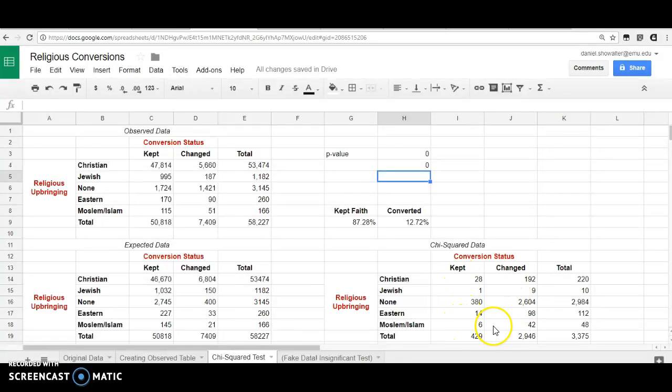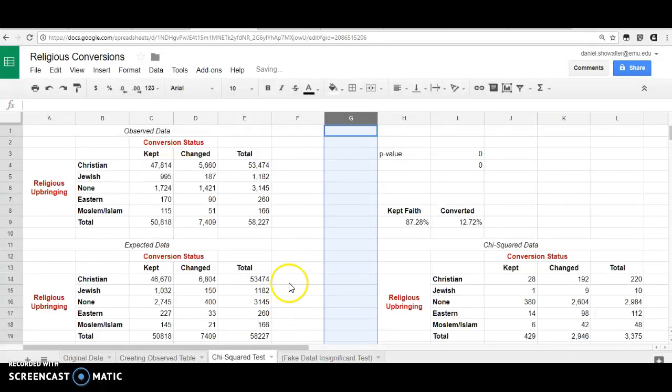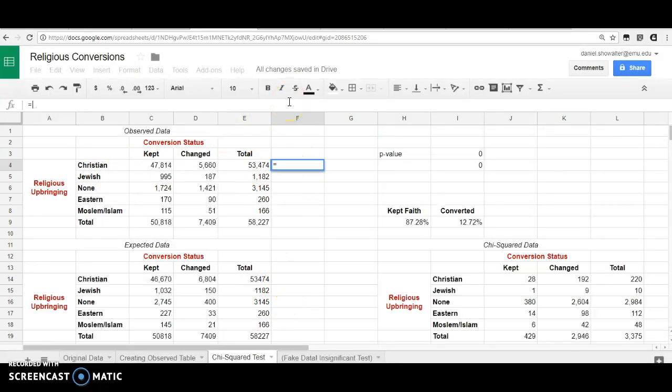So we're looking for the really big values here. And we can see that one of the biggest ones was people with no religious upbringing who did convert. That was much different than what we expected it to be. And another way that we might get that, let's look at our actual data, is looking at the rate of people who kept their religion for each of these major faiths.